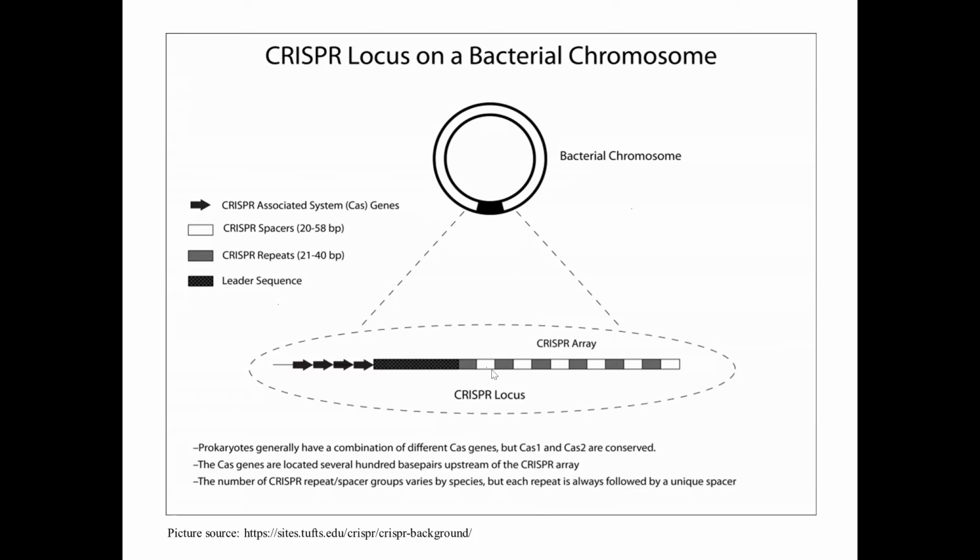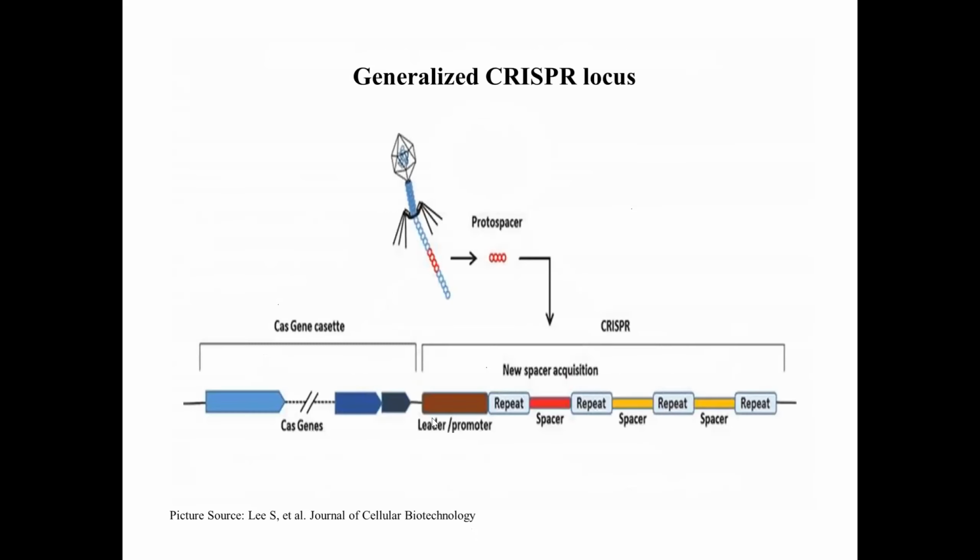So every time that bacteria is subjected to a new infection by a bacteriophage, some small portion of that phage DNA is getting integrated, and then this becomes the CRISPR array. So this was a speculation. You can see the phage comes and invades the bacteria. It inserts the nucleic acid inside, and a small portion of the nucleic acid is cut.